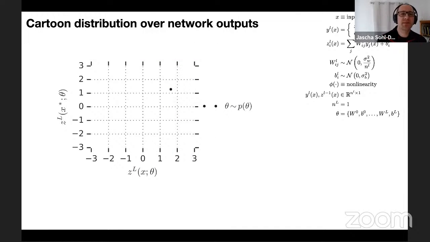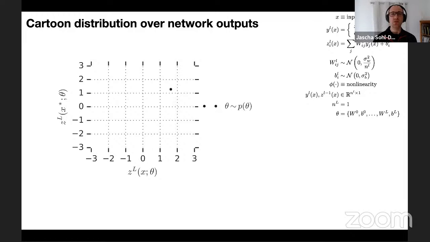Before we dive in mathematically, let me illustrate visually what the core result is going to be using a simple cartoon. This plot compares the network's output, or logit z^L, for two different inputs, x and x star. If we were to draw the parameters of the network from their prior and then compute the output of the network for these two inputs for those parameters, that would correspond to one point on this plot.